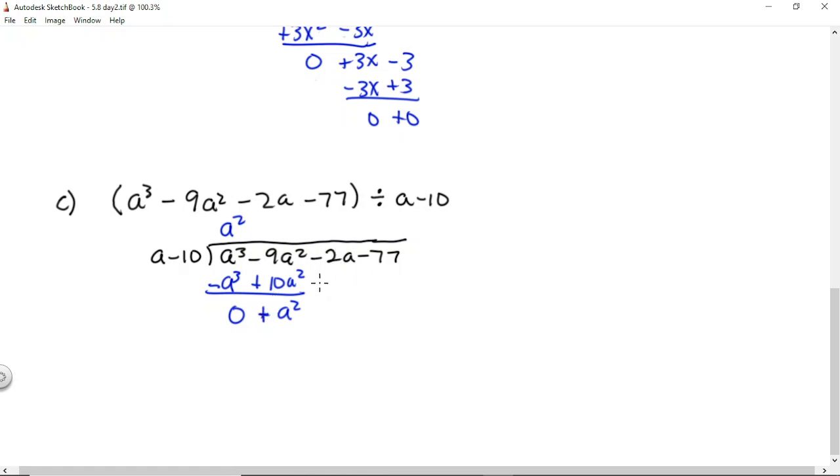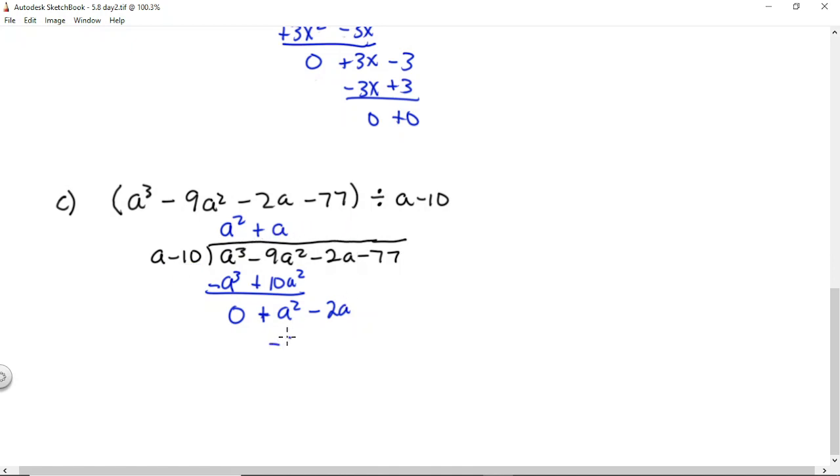And then we bring down the negative 2a. Okay, so now it's this a squared divided by a, which is a. And we take that a times the a minus 10. So a times a is a squared.